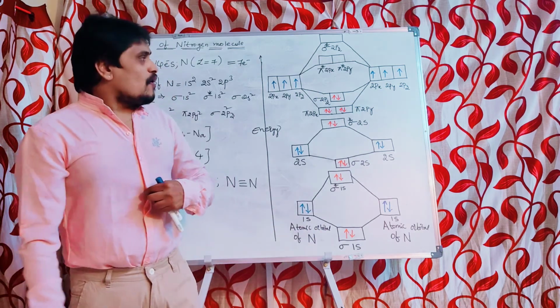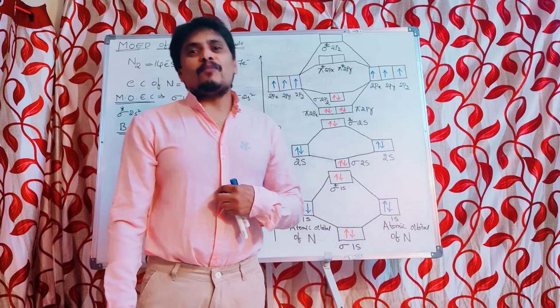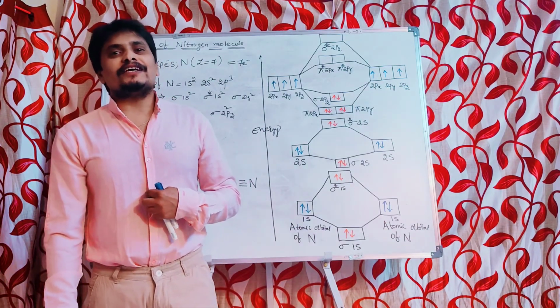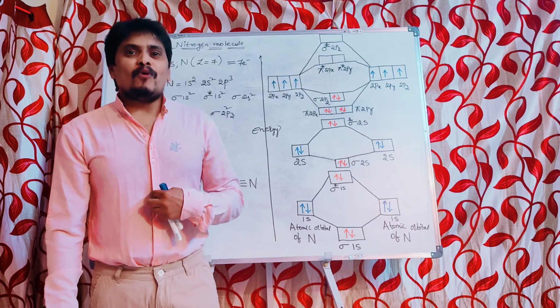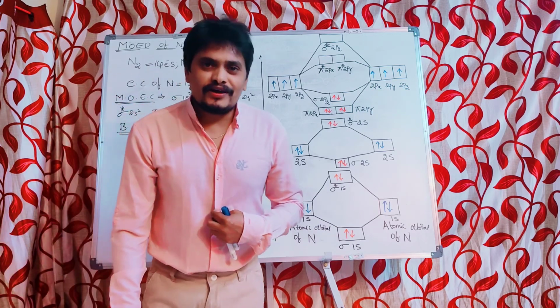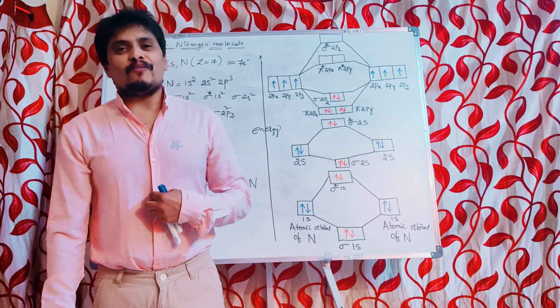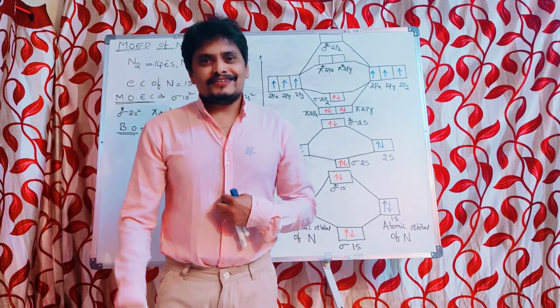So with the help of the molecular orbital energy diagram, we get information about the molecular orbital electronic configuration of the molecule, bond order, bond length, and stability of the molecule. I hope you understood. Thank you, students.